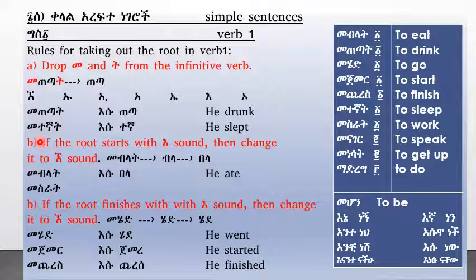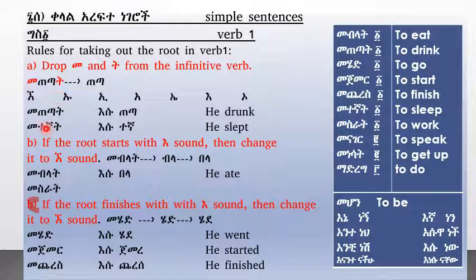There is another rule, part of rule 1. So if we find this kind of verb in group 1, መጠጣት, ጠጣ, here it is very easy, only drop me and the first and last letter.